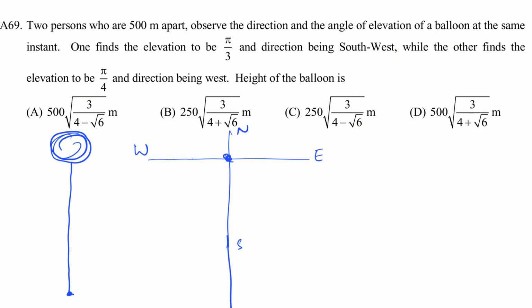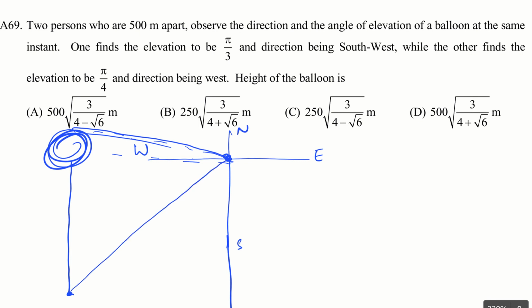So this guy saw this balloon at an angle of... how to show now, please adjust. This guy saw the balloon, and for him the angle of elevation, if you observe, this is on the ground. Now this line is in the air.